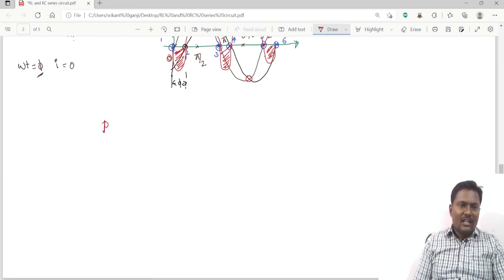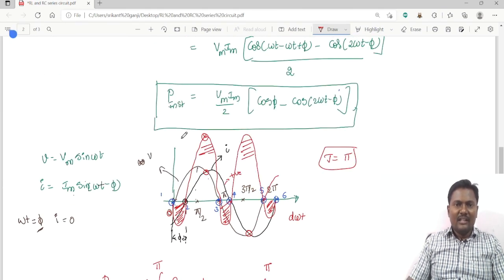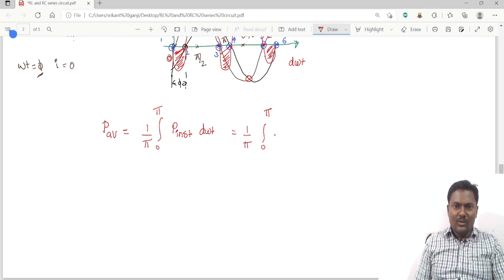So now you can calculate the average power. 1 by pi integration from 0 to pi of p, the instantaneous power, into d omega t. On the x-axis I am taking d omega t. The instantaneous power is Vm Im by 2 into cos phi minus cos of 2 omega t plus phi.